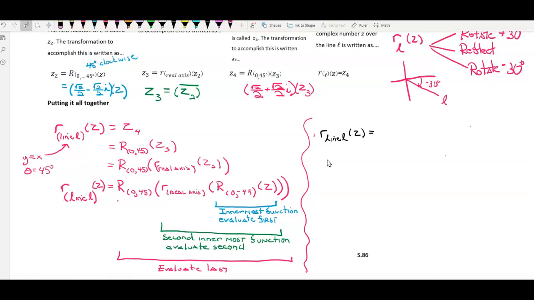Instead of writing Z4, I'm going to write what Z4 is equal to, which is this right here.